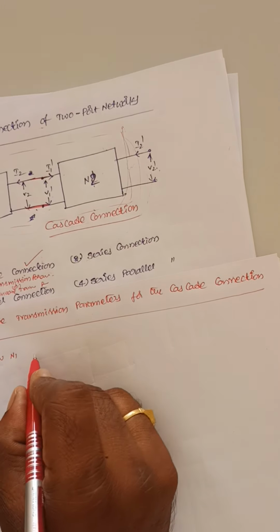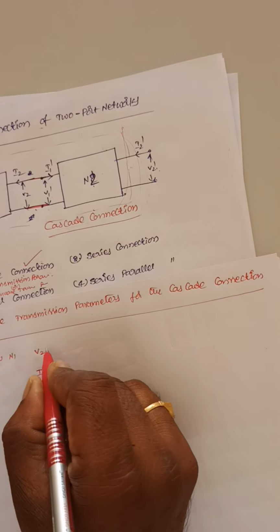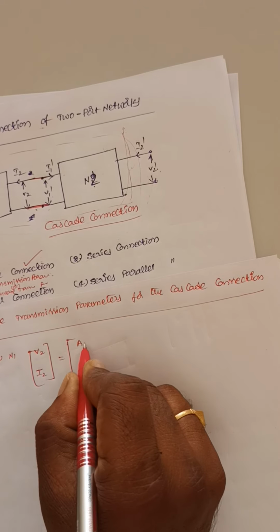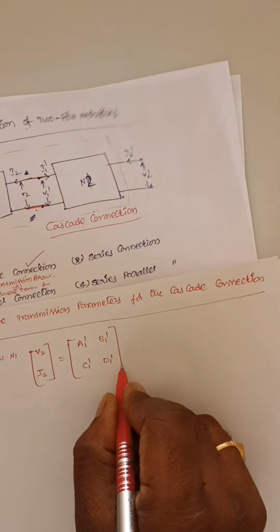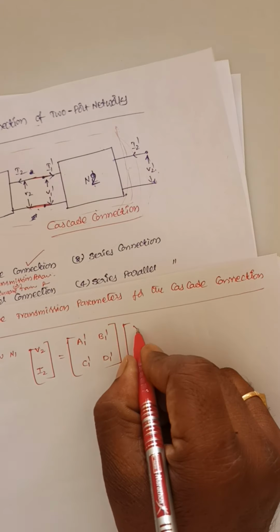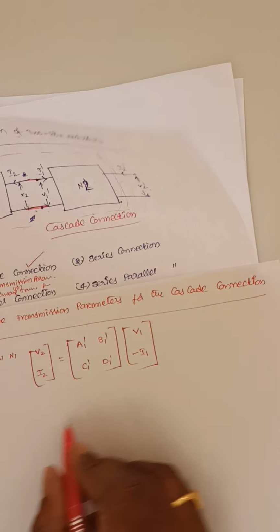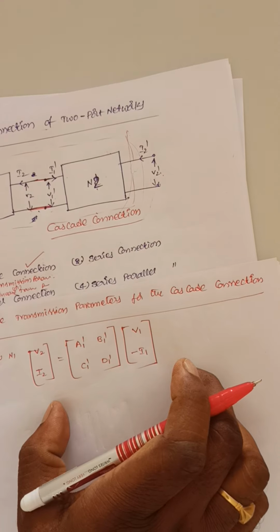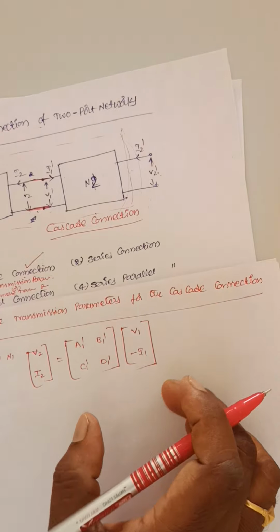The inverse transmission line parameters are: V2, I2 is equal to, let us assume A1 dash, B1 dash, C1 dash, D1 dash are the inverse transmission line parameters for this network N1, times V1, minus I1. For network 1, this is the matrix form which represents the parameters of this network.